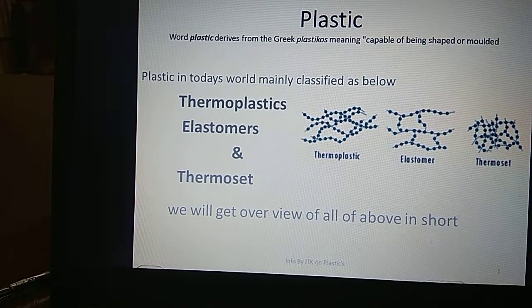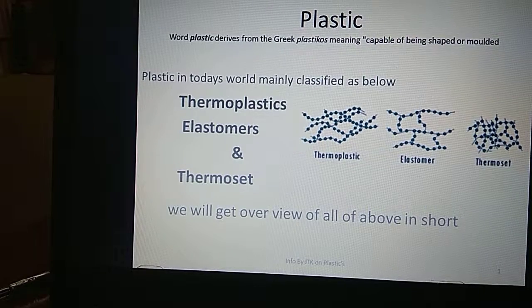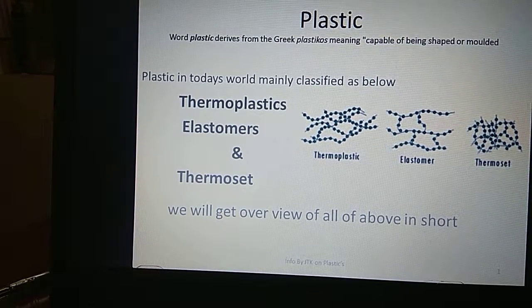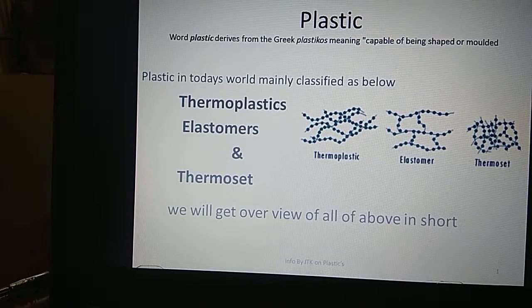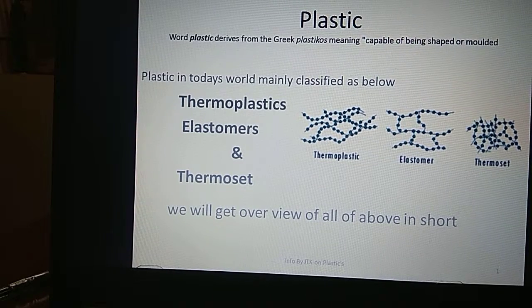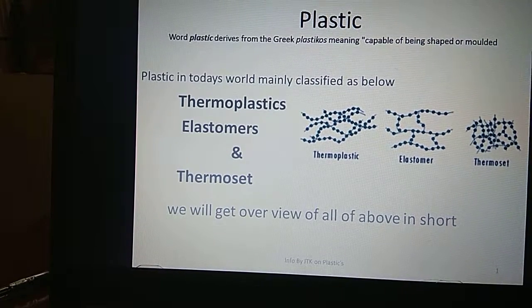So you can easily make out that the elastomer in the center has more widely spaced cross-linking, and the one in front, the thermoplastic, is a bit more concentrated, with closer linking compared to the elastomer. When you look at thermoset, the cross-linking is much more highly concentrated.